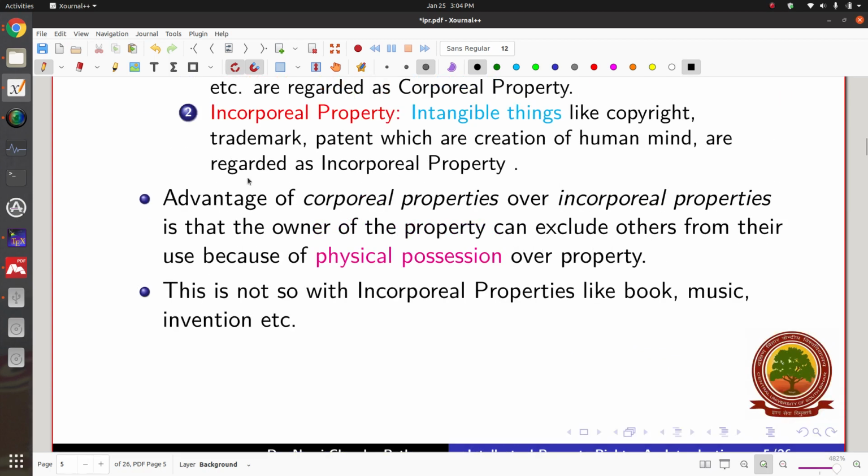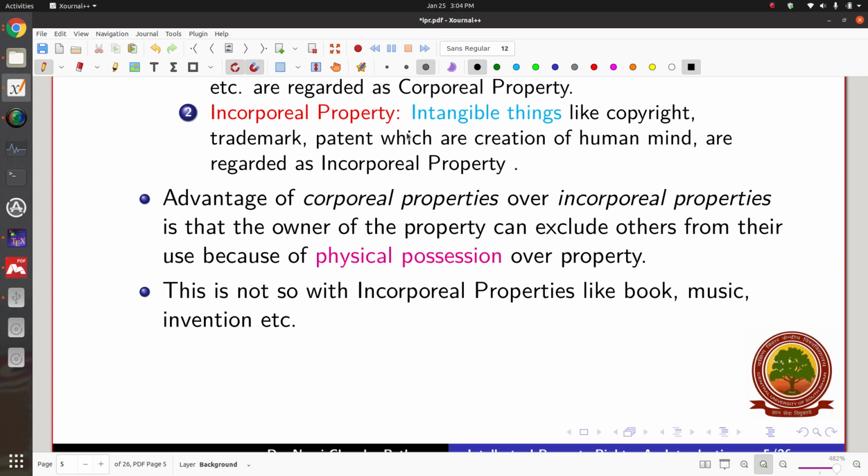Okay, so the incorporeal properties are also sometimes referred to as intellectual property, because these properties require intellectual thinking, or you should be an intellectual to generate these kinds of properties, है ना. So ये human mind की creation है.